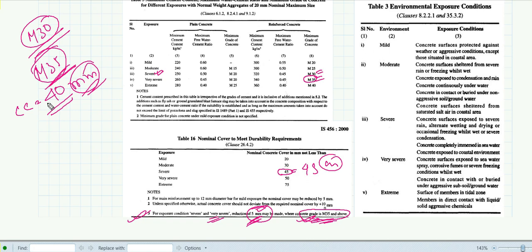The reason behind sticking to 40 is that if it is more than 40, then some special considerations or special provisions should be made to reduce the risk of spalling.